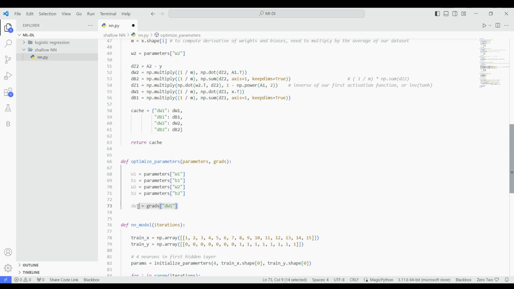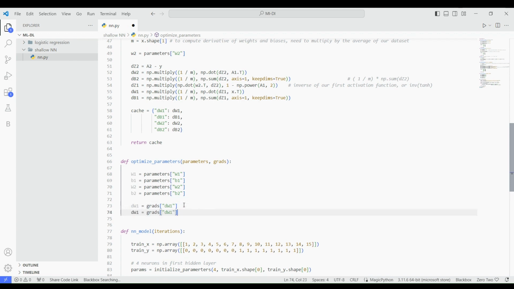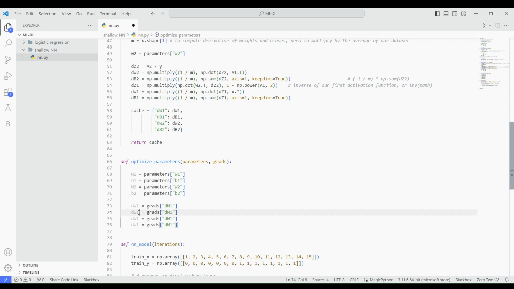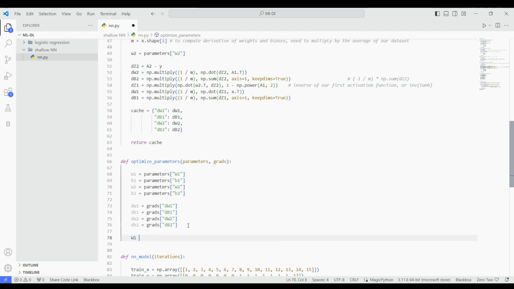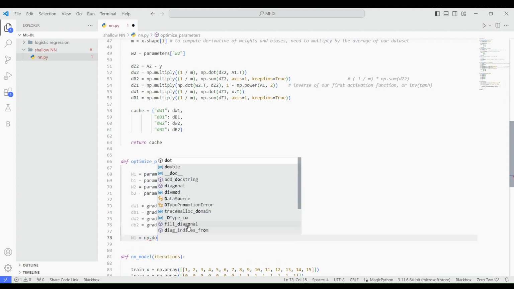And again, I'm just going to copy paste this 4 times. I'm just going to change these, right? Derivative of B1, derivative of B1, derivative of W2, derivative of W2. And I'm going to say derivative of B2, derivative of B2, right?